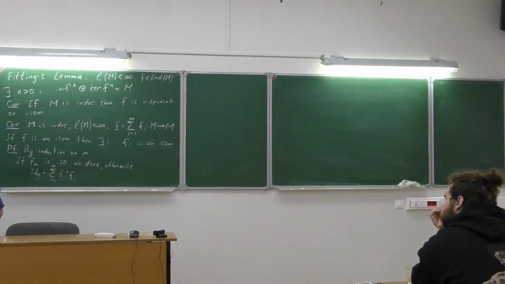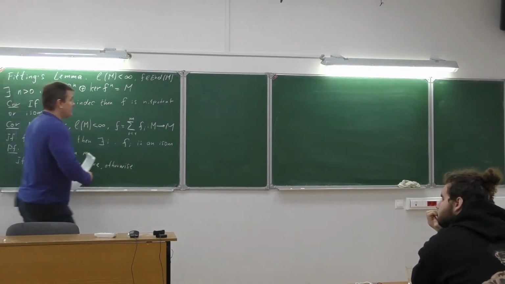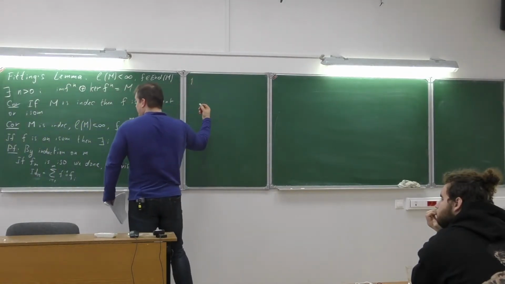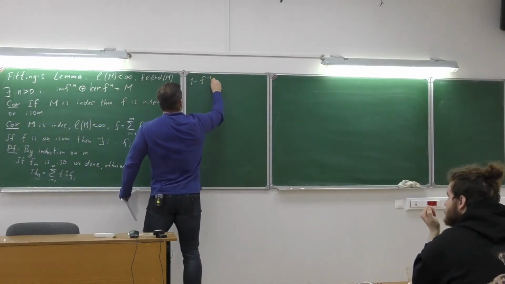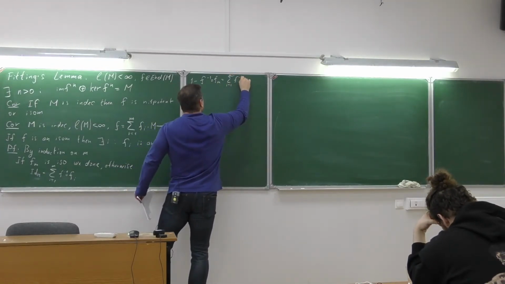We know that f is an isomorphism, so it makes sense to take f inverse and take the decomposition. Now, if this is not, we can move this from the right hand side to the left hand side and write the previous identity as this identity, which is exactly the same thing.